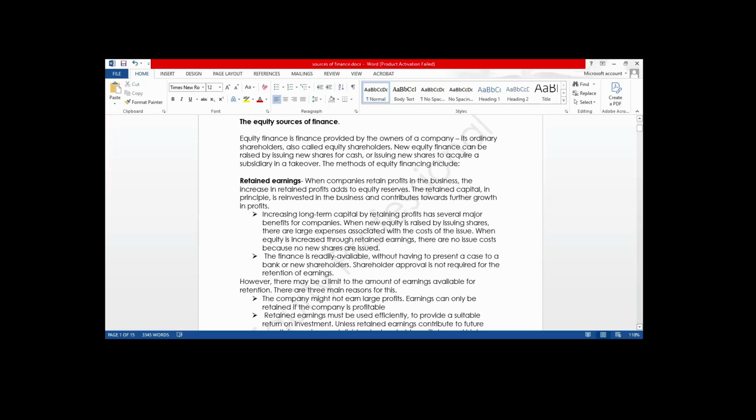You can define retained earnings as the percentage of companies' distributable profits that is retained and reinvested in the business.